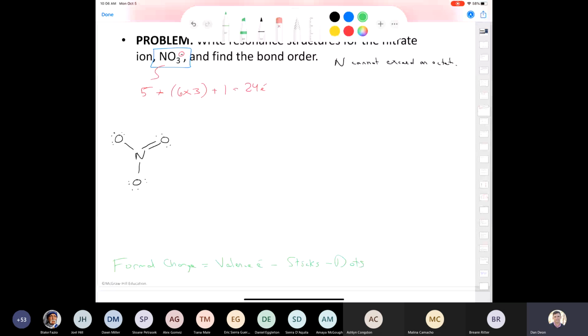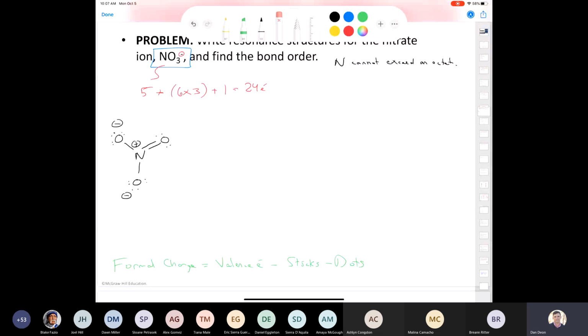And when you do that, you find that the formal charge on these 2 oxygens is -1. The formal charge on the nitrogen is +1. And the formal charge on this oxygen is 0. How did I do that? Let's just do the nitrogen as a practice. The nitrogen has 5 valence electrons, subtract 4 sticks and 0 dots equals +1. So that's the charge on our nitrogen.